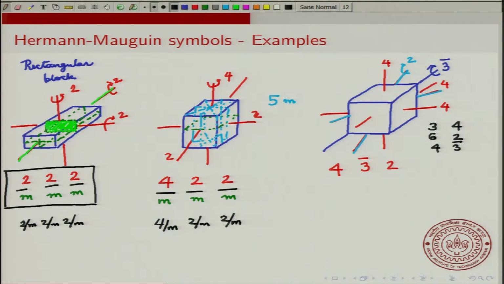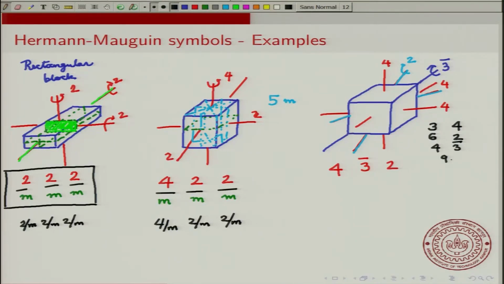However, you can easily show that only one of these 3 bars is unique and only one of these 2's is unique. And now if you take the total number of mirrors, you have a total of 9 mirrors. Again, this is not very hard to show.